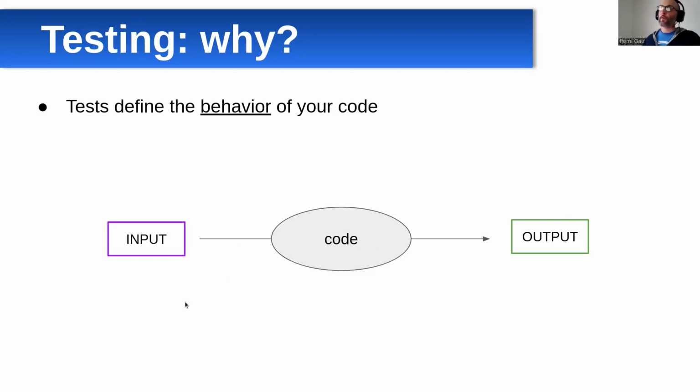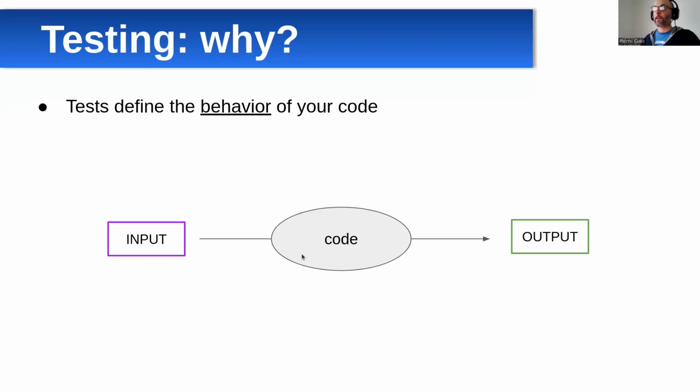Usually the function is going to compute some things and return a certain value, right? And the behavior of the code is the relationship between all those inputs and the specific values that they take, and the outputs that they give you. So this is the relationship between inputs and outputs, pretty much not caring about what's happening in the middle. We don't really care about how the code is actually implemented.